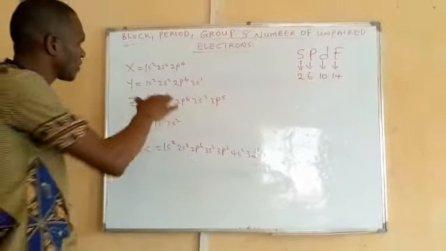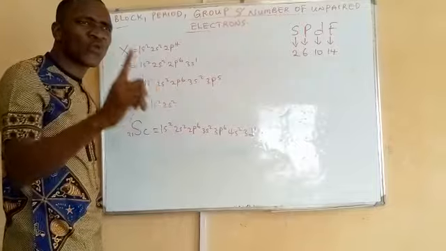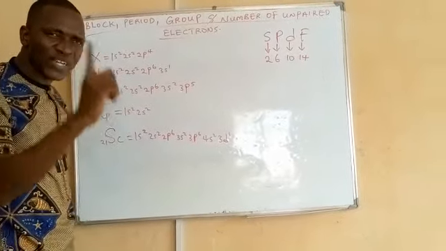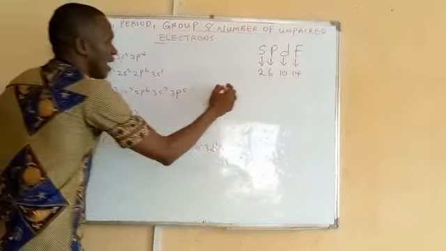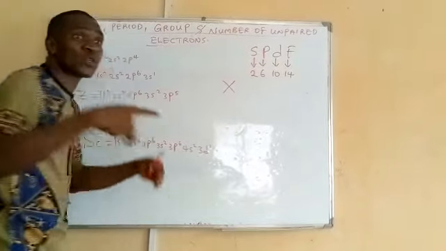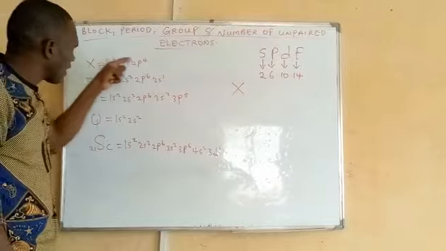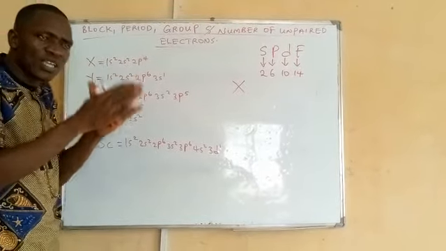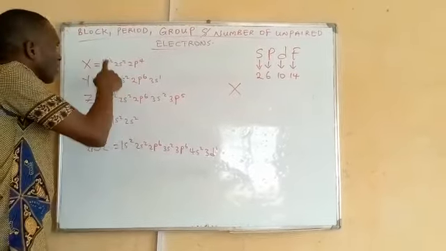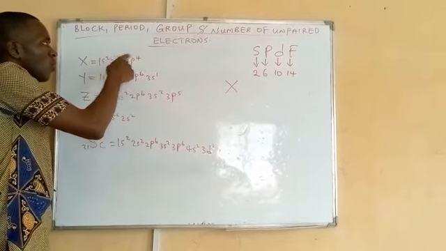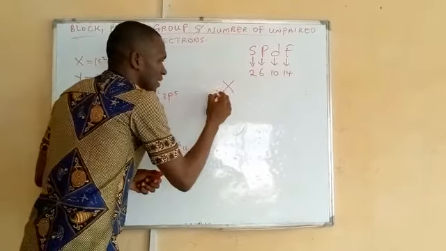Now, whenever you see a question in this form and you're asked for group and period, remember I told you that anytime you want to get group and period, you must know their atomic number. The sum total of these numbers gives you the atomic number. So you just say 2 plus 2 gives you 4, 4 plus 4 gives me 8. That means this one is 8.